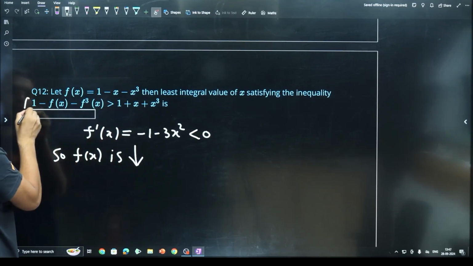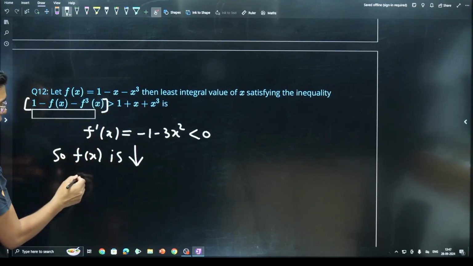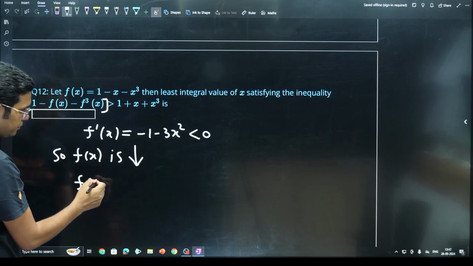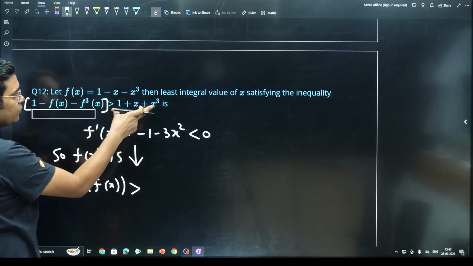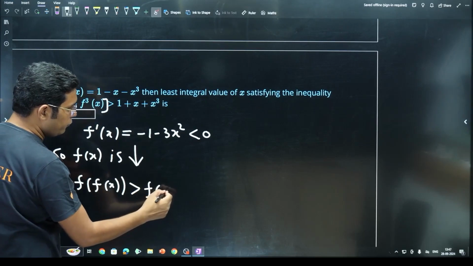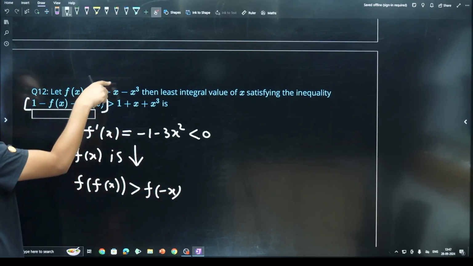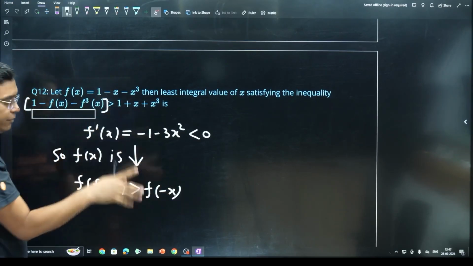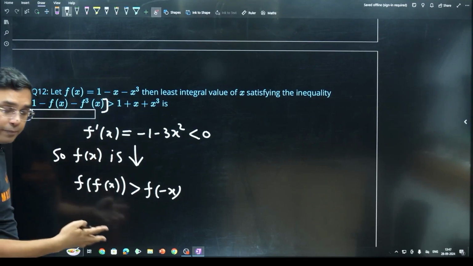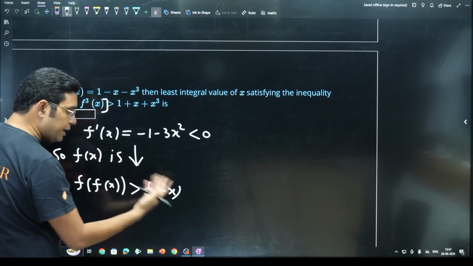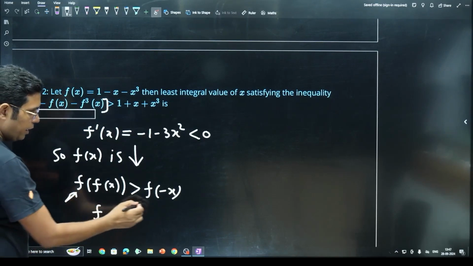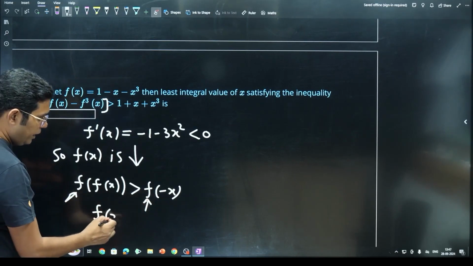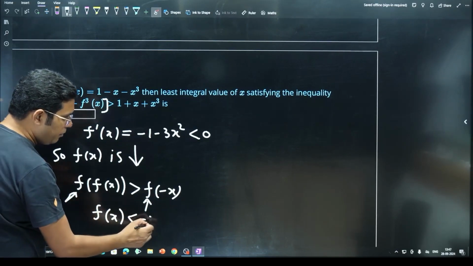Also, if you look at the expression on the left hand side, we can write it as f of fx, that is greater than, and the expression on the right hand side is actually f of minus x, because if you put minus x in place of x, you get the same thing. Now because fx is decreasing and f of fx is greater than f of minus x, we can remove one f from each side. We will get fx to be less than minus x.